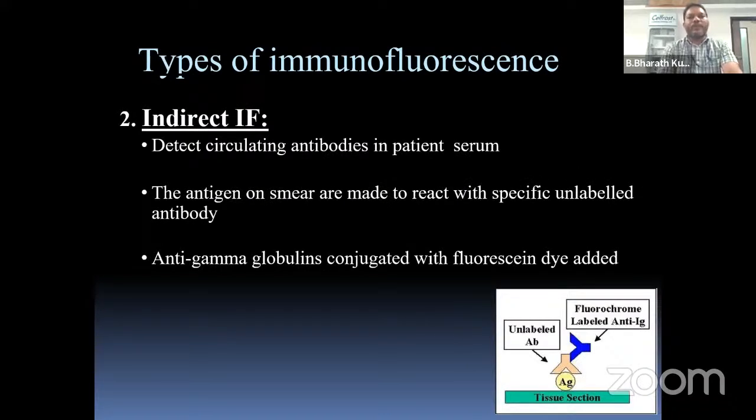Second is indirect immunofluorescence, in which we detect circulating antibody in the patient's serum. Antigen on the smear is made to react with the specific unlabeled antibody and an anti-gamma globulin conjugated with the fluorescent dye.